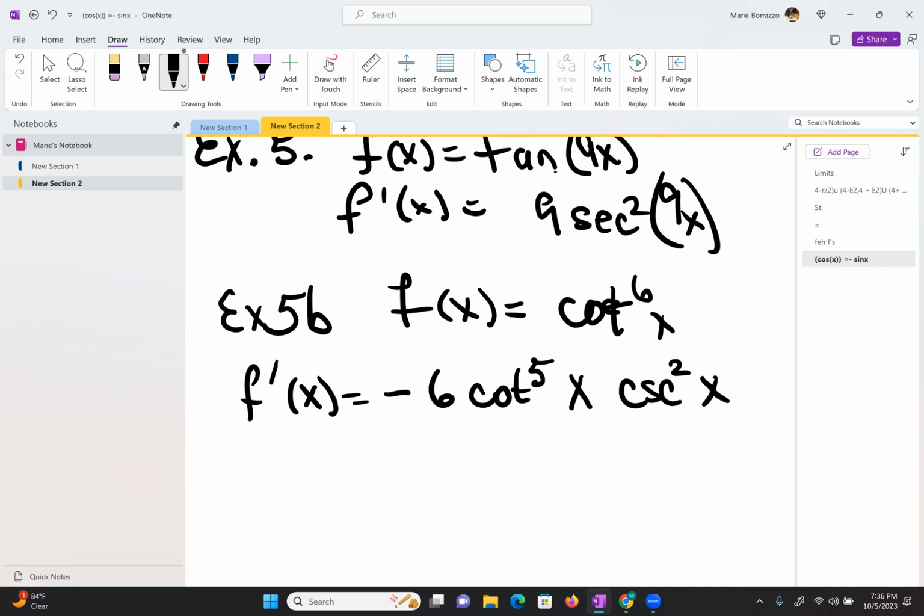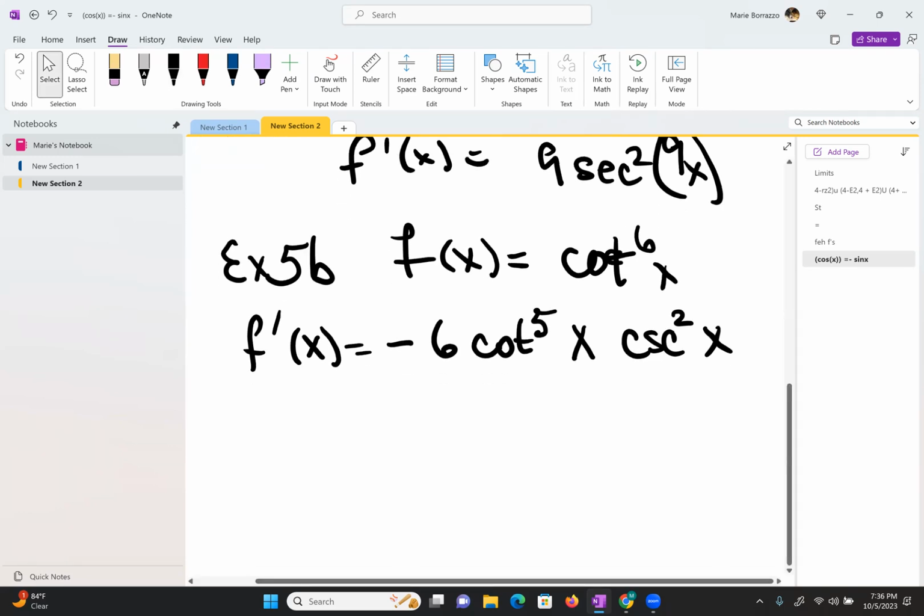Once again, go back to your rules. I believe I mentioned that these are going to be negative, so this would lead me to this rule.